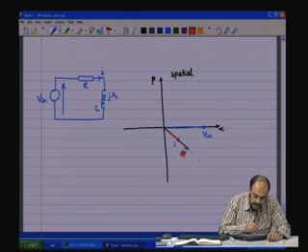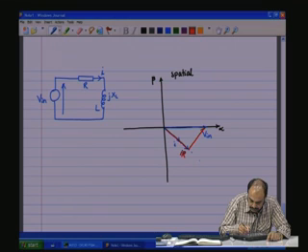Now, the voltage across the inductance is XL into I, but rotated 90 degrees. Rotated from here, rotated 90 degrees in the positive, that is anti-clockwise direction. So, you have I into XL, which is rotated 90 degrees. This is IXL. So, there is an angle theta here.